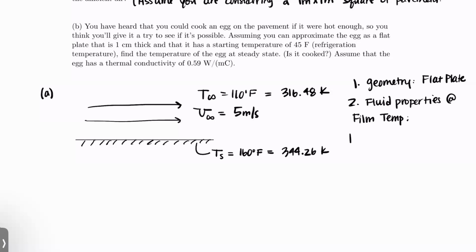All right, so our film temperature is 160 plus 110 degrees Fahrenheit divided by 2, which is 135 degrees Fahrenheit, which is 330 Kelvin.